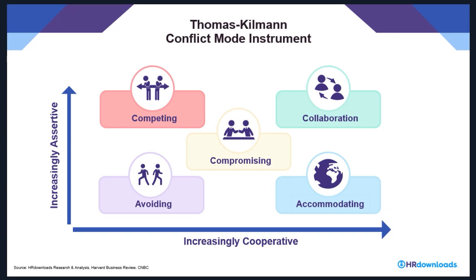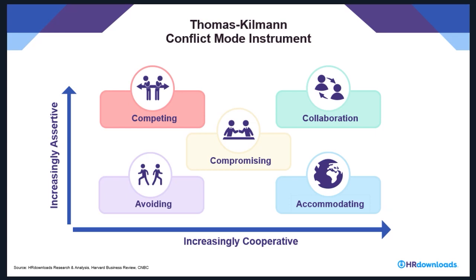Approaches to each resolution will fall within a range of cooperative and assertive behaviors. In an assertive response, the goal of the individual is to satisfy their own concerns, whereas in a cooperative response, the person will attempt to satisfy the concerns of someone else before themselves. These two behavior dimensions define the primary 5 modes for responding to conflict.